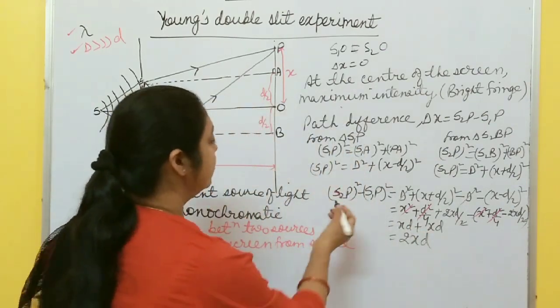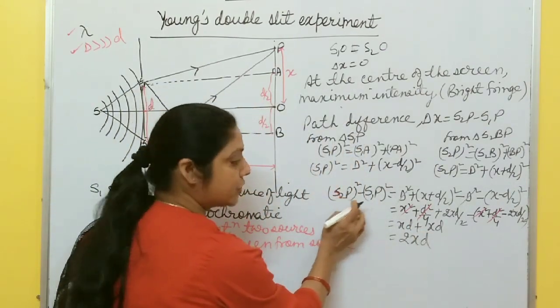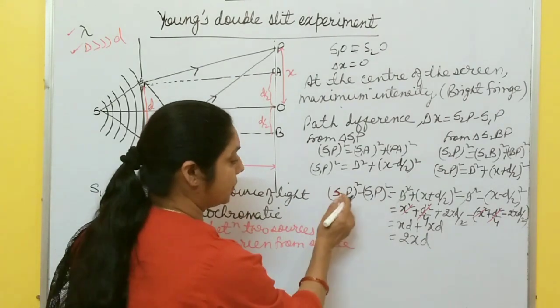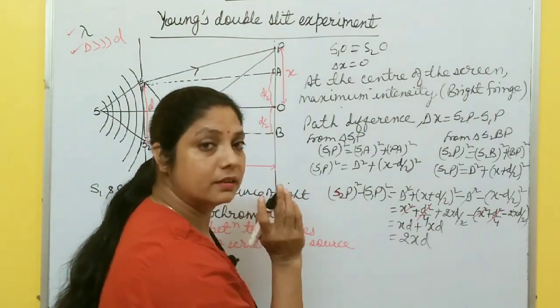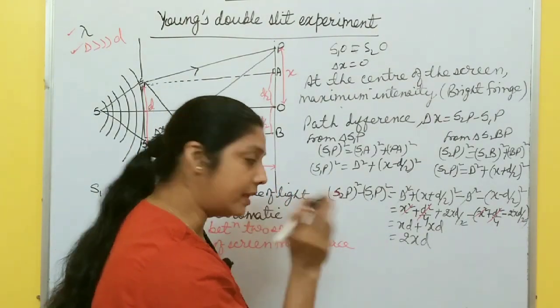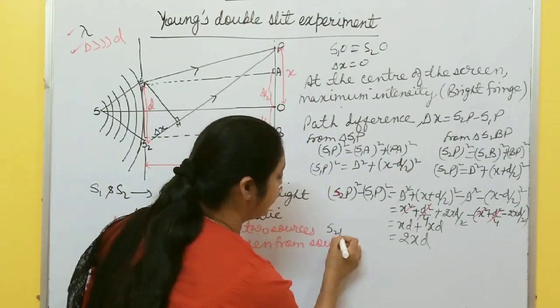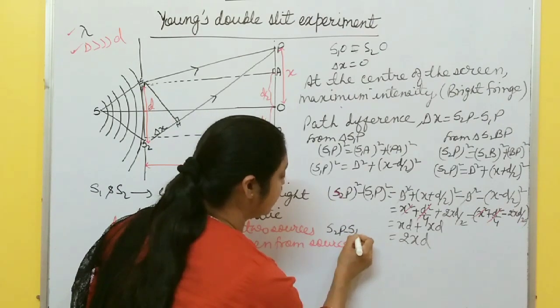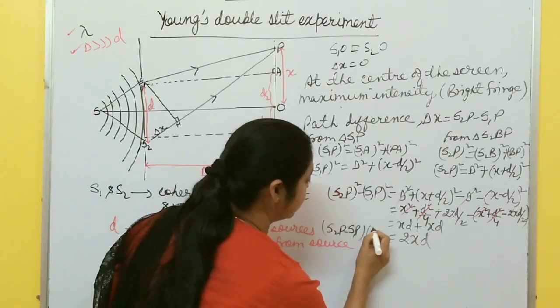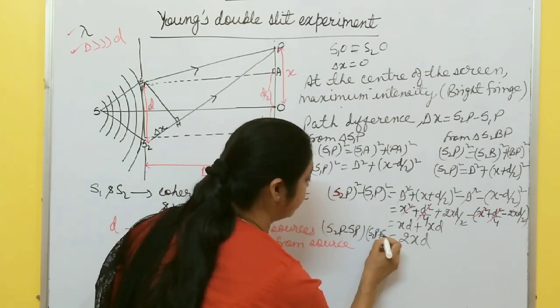And here again S2P whole square minus S1P whole square. So a square minus b square is (a minus b)(a plus b). So you can write in place of this one S2P minus S1P and S2P plus S1P.